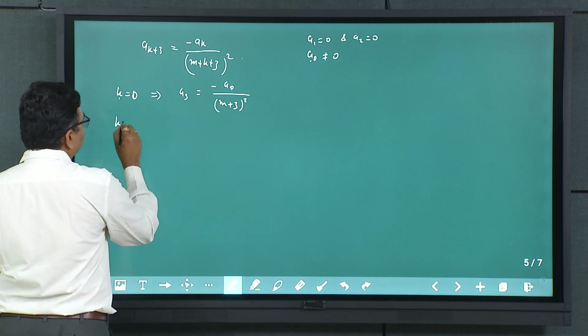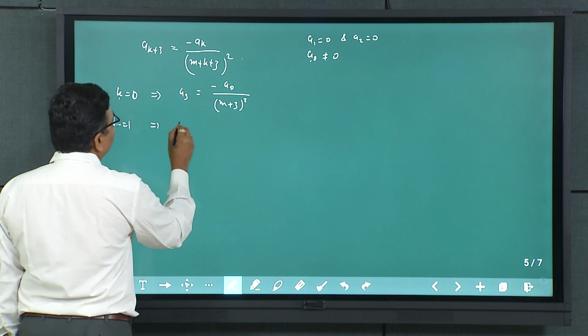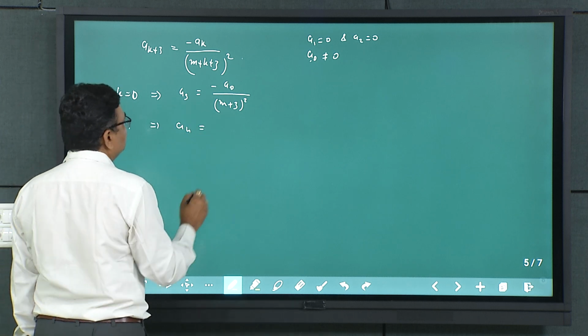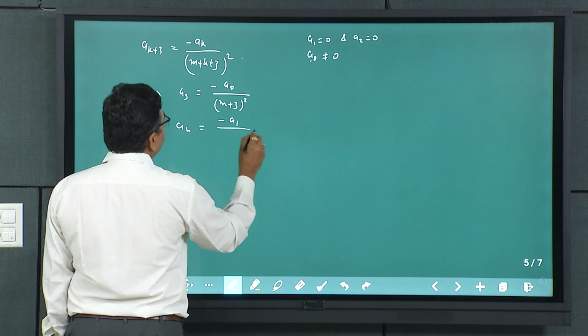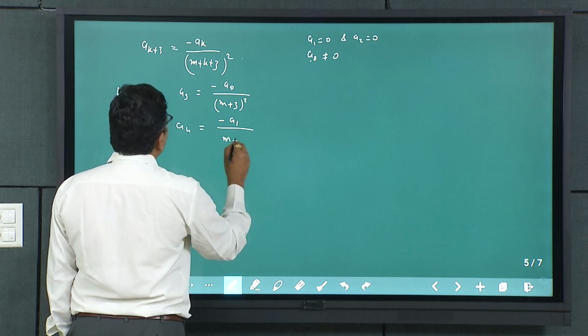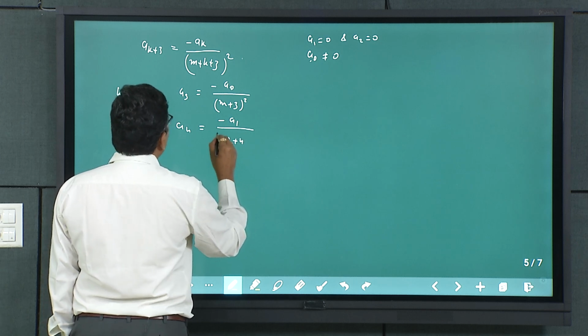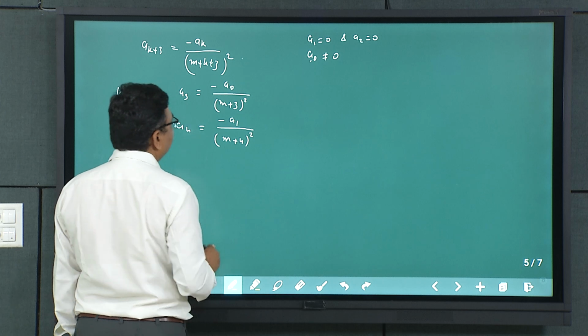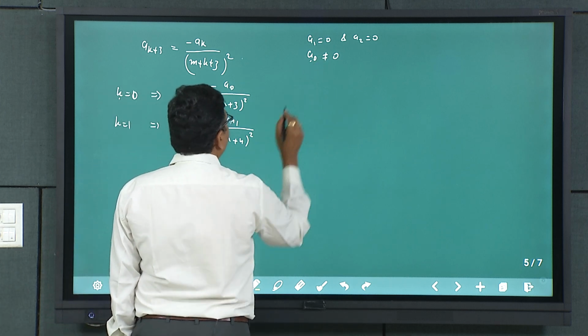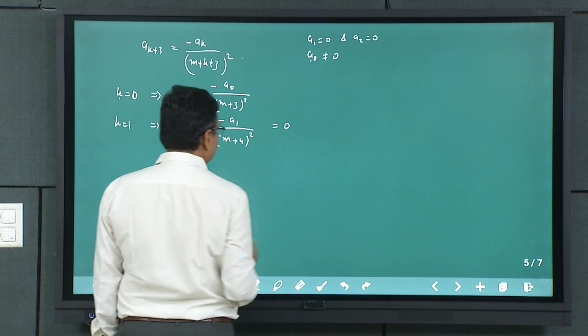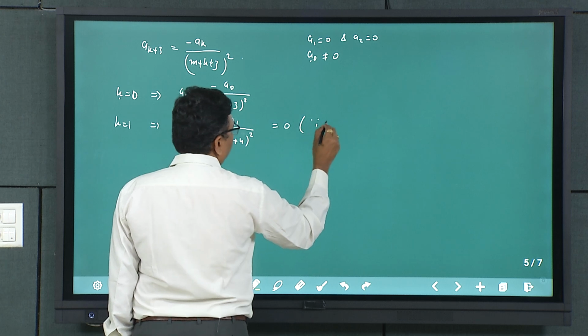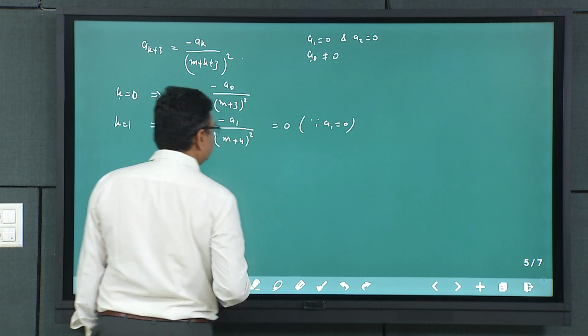Now take k is equal to 1, so this implies a4 is equal to minus a1 upon (m+4) whole square, right. Now a1 equal to 0, so this is 0.